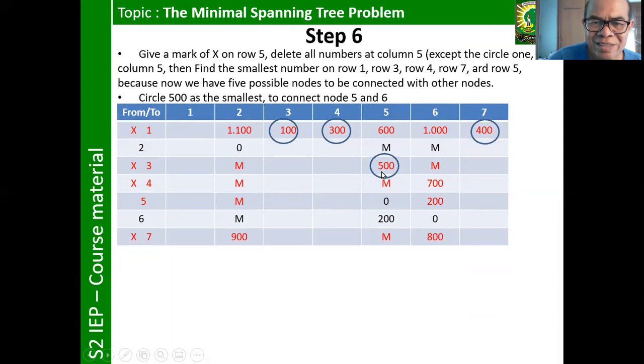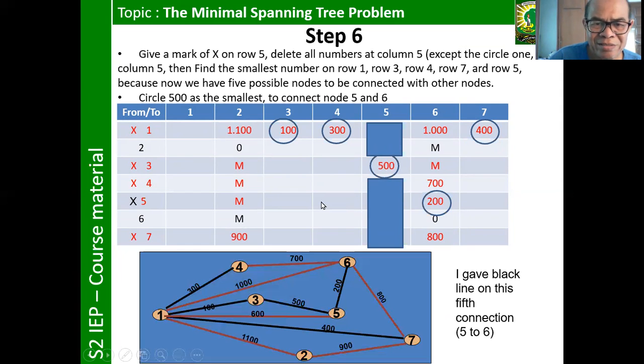Continue again because we now have 5. Mark row 5 and then delete. Find the smallest: this should be 200. Circle 200 as the smallest.